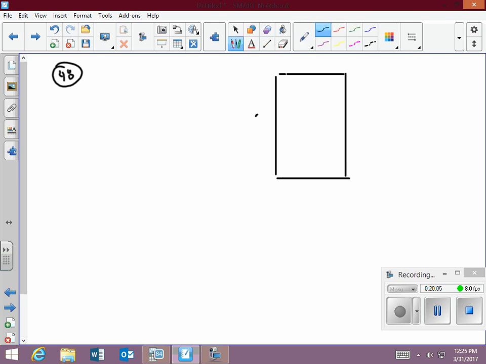So if it's 8 foot 3 inches by 5 foot, and you have a 9 foot pipe, can you lay it flat? What would you do to say that you can lay it flat?